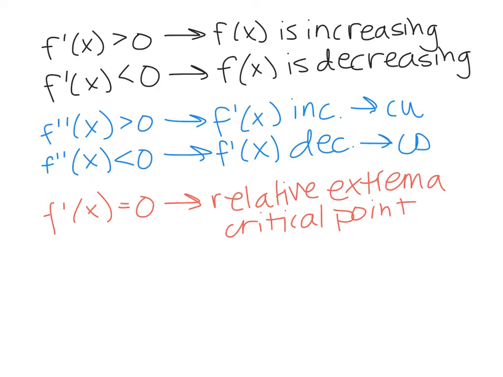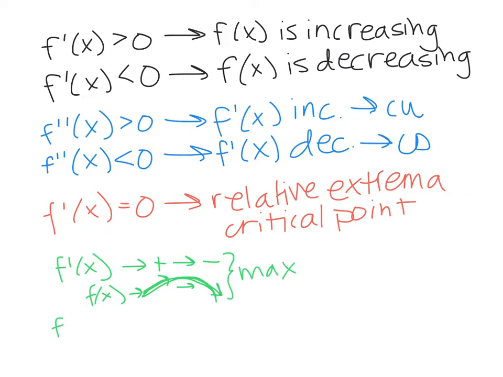So if your f prime of x at that point where it's 0 changes from, let's say, positive to negative, so your regular function would change from increasing to decreasing, you're going to have a relative max.